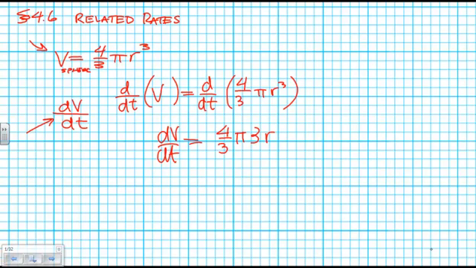Keep the inside the same. Reduce the power. And don't forget about the chain rule. r acts like a function of t. V acts like a function of t. Whenever I take the derivatives with respect to t, I end up getting a chain rule, the dr/dt or the d/dt.